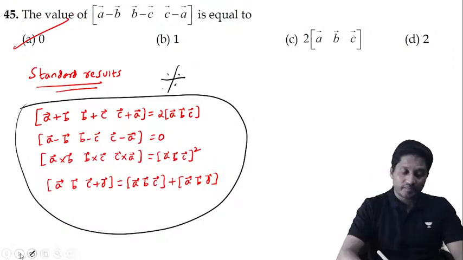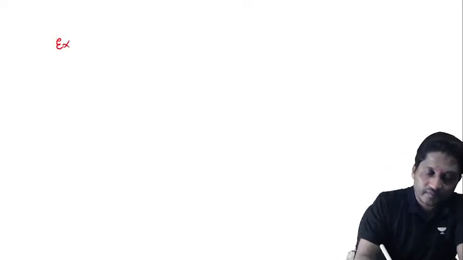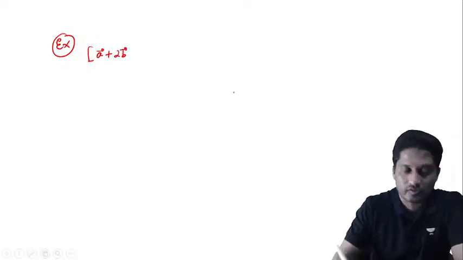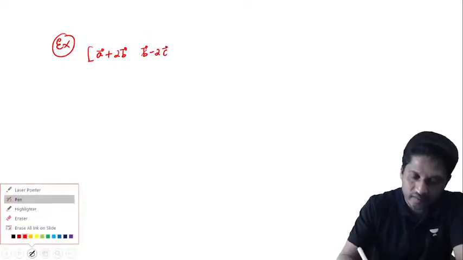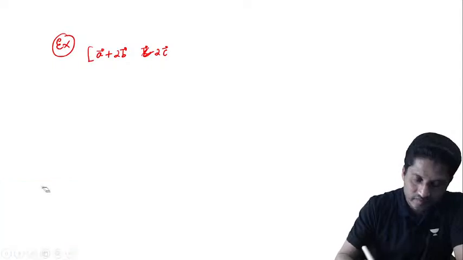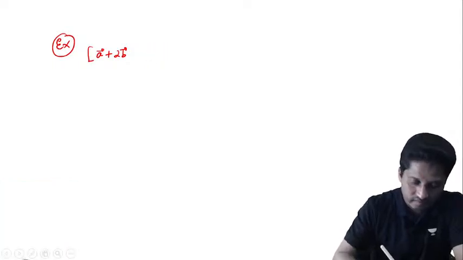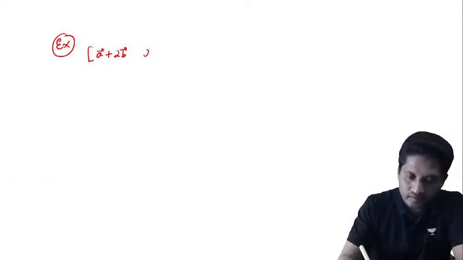Right, now let's say, students, you got a question like this: box of A plus 2B, B minus 2C, something like this. Or it can be box of 2B minus C, and A plus 3C.